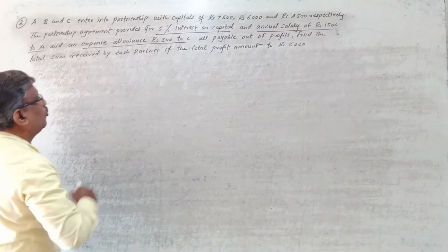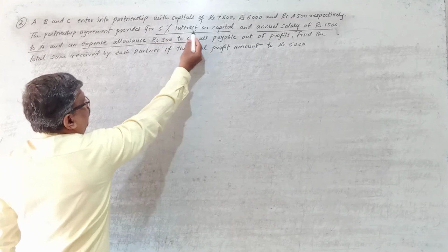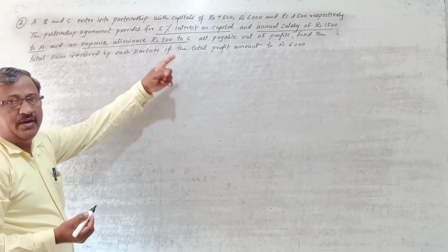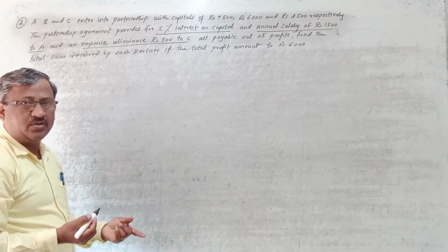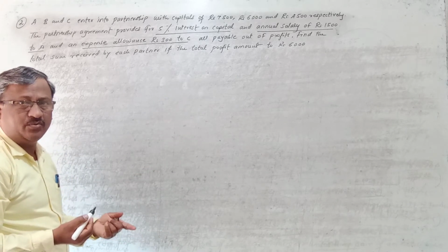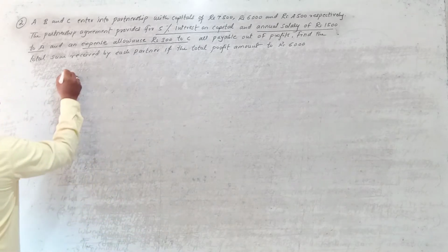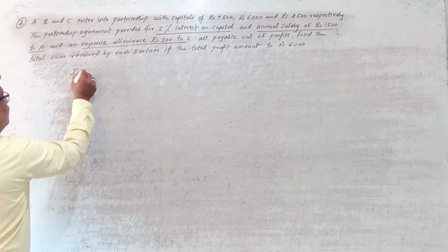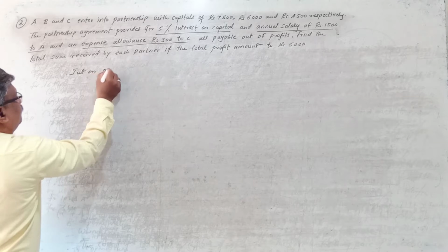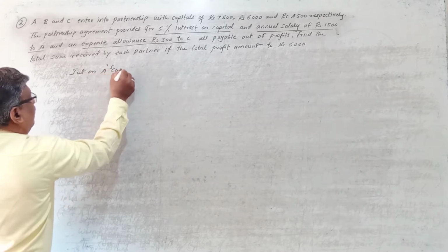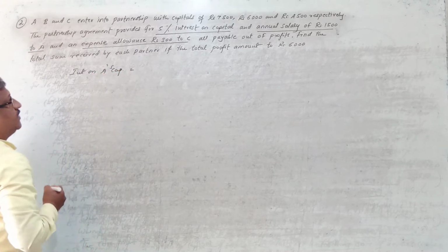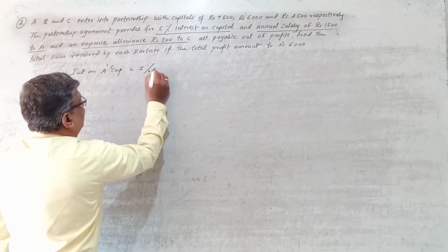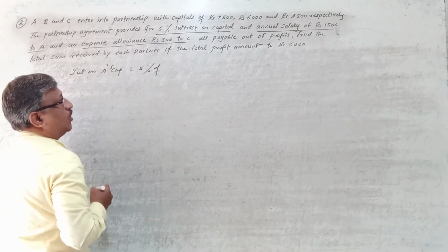First, as per their agreement, we have to pay interest to each partner, and the capitals are known and the rate of interest is known, so we can easily find the interest on their respective capital. Let's calculate one by one. First, interest on A's capital equals 5% on A's capital.